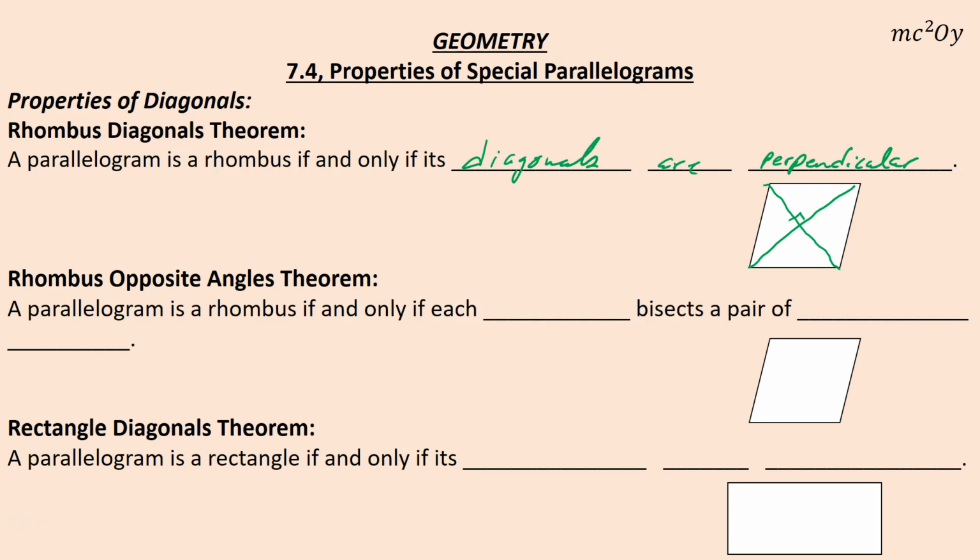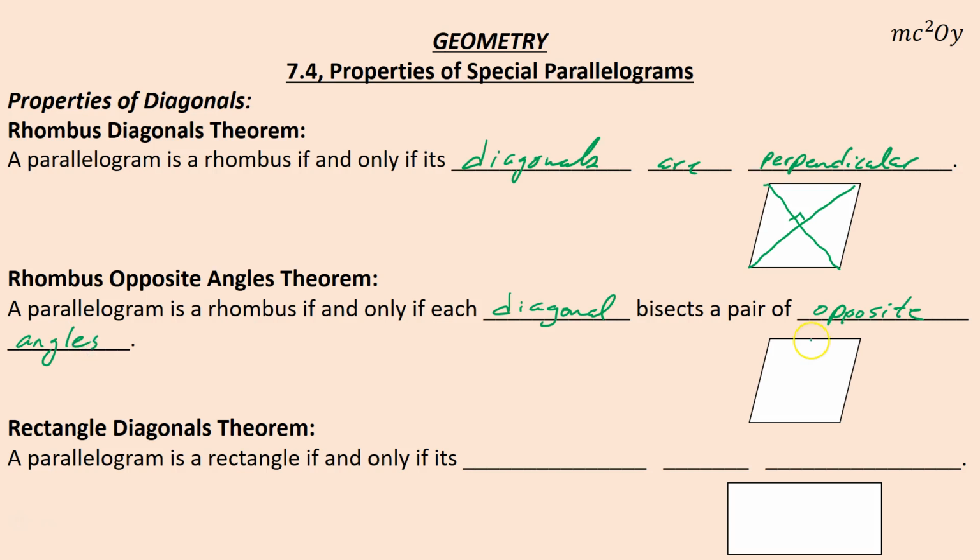The rhombus opposite angle theorem says a parallelogram is a rhombus if and only if each diagonal bisects a pair of opposite angles. Now let's make sure we understand what's happening here.